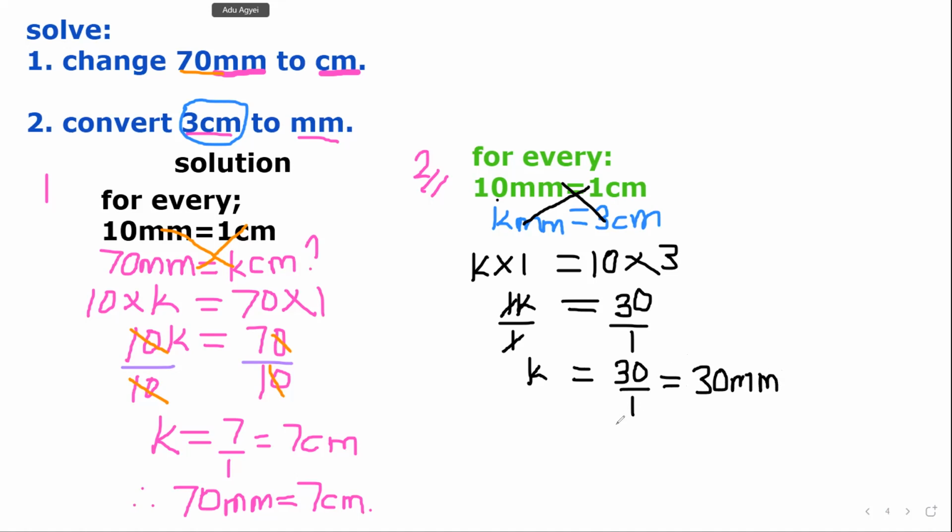Therefore, 3 centimeters is equivalent to 30 millimeters. Good. Now let's proceed.